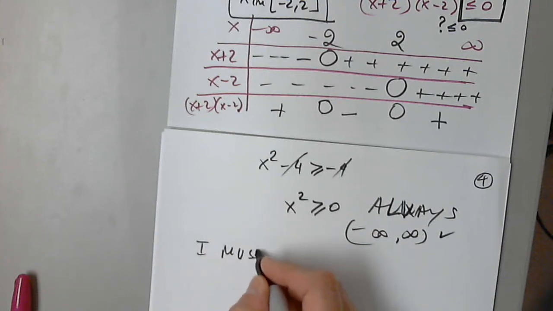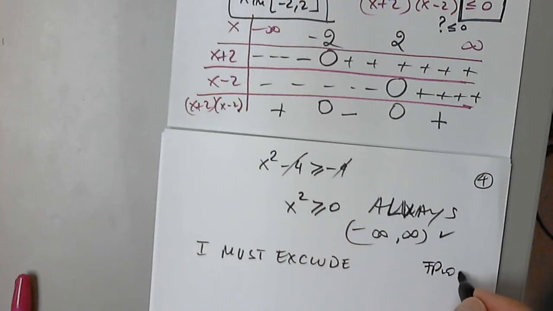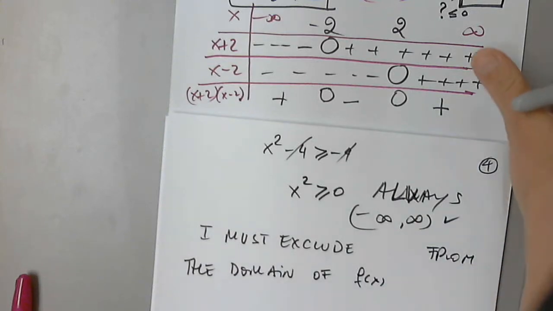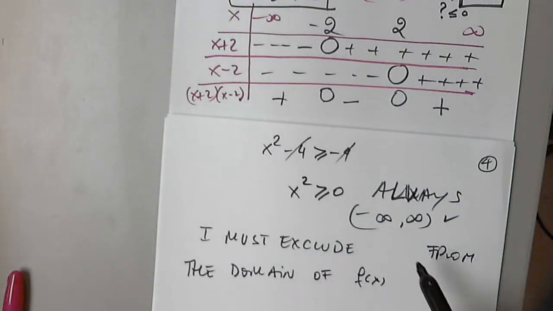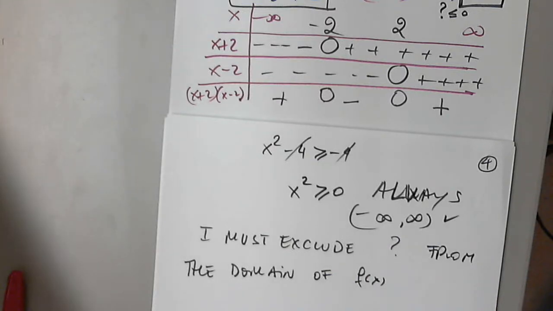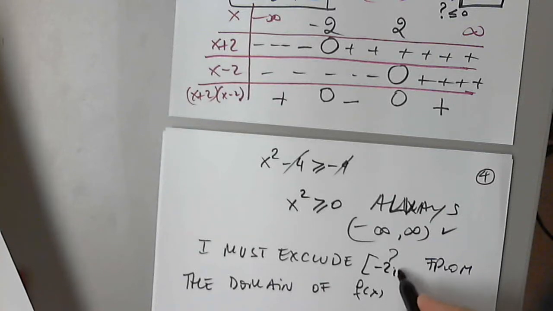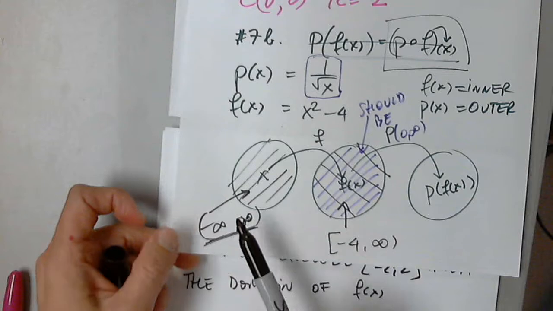I must exclude what from the domain of f of x? Three pages ago, we looked at the domain of f of x. It was this. But now what do I have to exclude from the domain of f of x? Exactly. -2, 2. -2, 2 is the culprit.